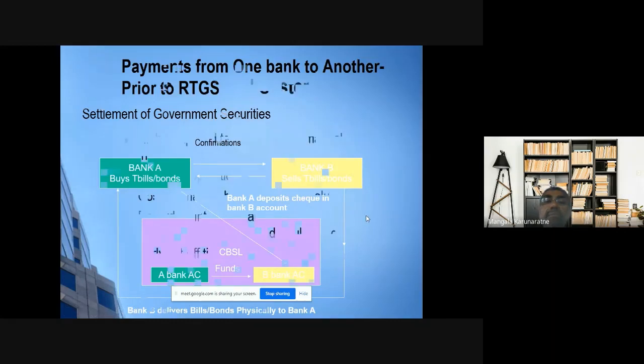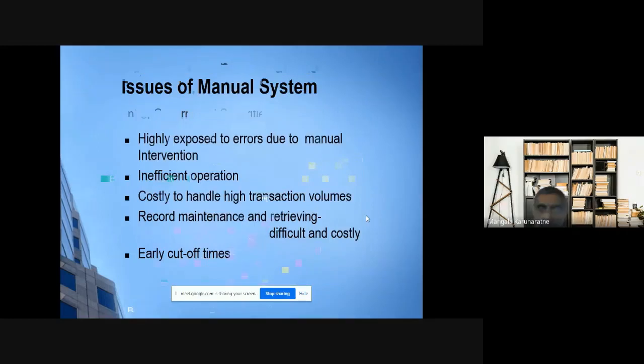So we have faced a lot of issues with the manual system, but I have mentioned a few. I put a few very important ones here, or rather the issues which had more impact on our day-to-day operation.